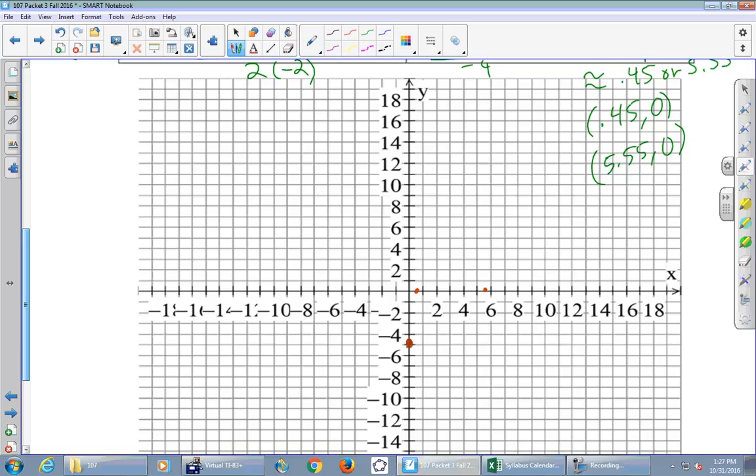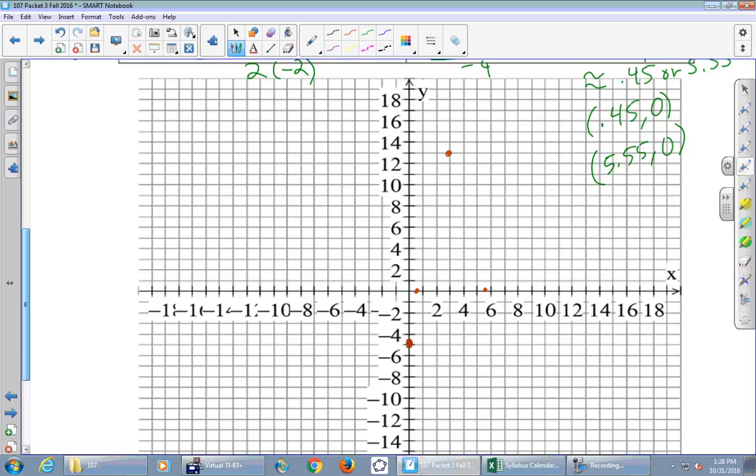What's the only other point we're going to plot? Vertex, which was 3, 13. So we go to 3, up to 13, way up there. I think that's good. If you took 096 recently, your 096 teacher might have said, put the symmetric point to the y-intercept. There's this vertical line of symmetry, and every point has a partner on the other side of that line.